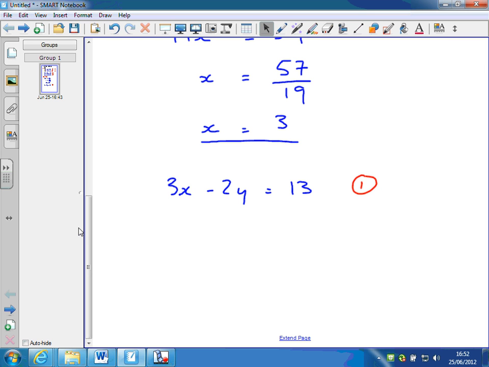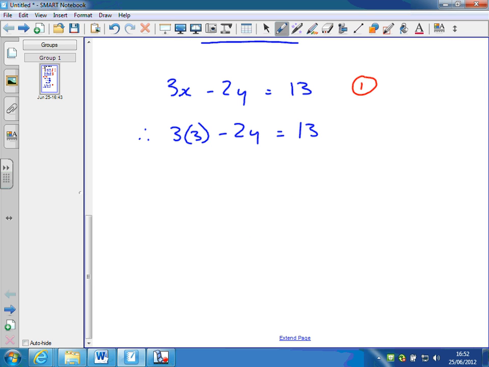So I know what x is now, it's 3. So therefore 3 times 3 minus 2y equals 13. So 9 minus 2y equals 13. So let's solve this equation.